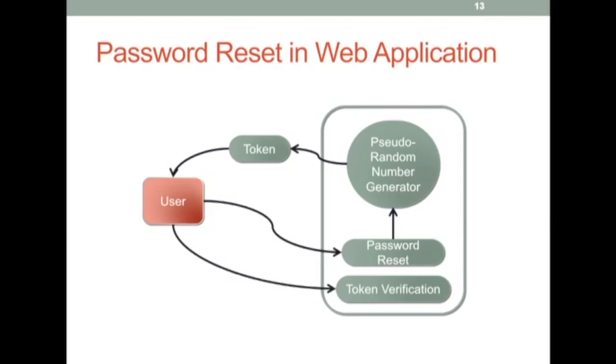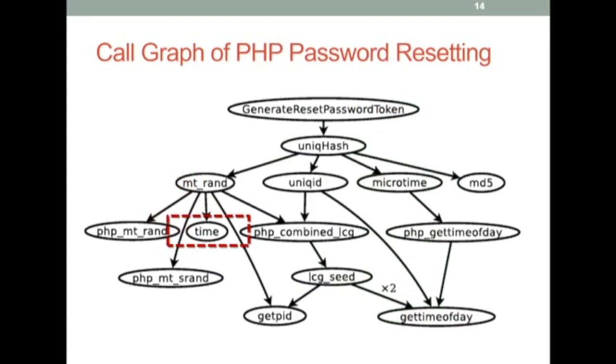And some application implementations, like the PHP pseudo random number generation, only use entropy sources from system calls like gettimeofday. This is a bad design choice, but this is the fact back in 2014.